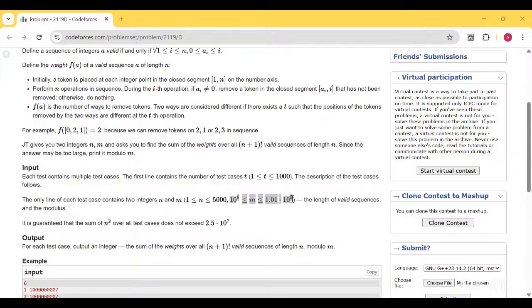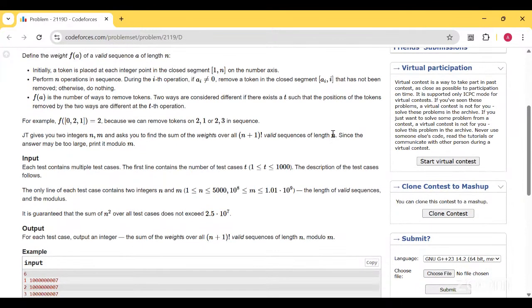Yes, yes, otherwise we can precalculate. Because if the modulo is fixed, for example, 1E9 plus 7, then we can easily find a brute force solution. For example, the complexity is N cubed.